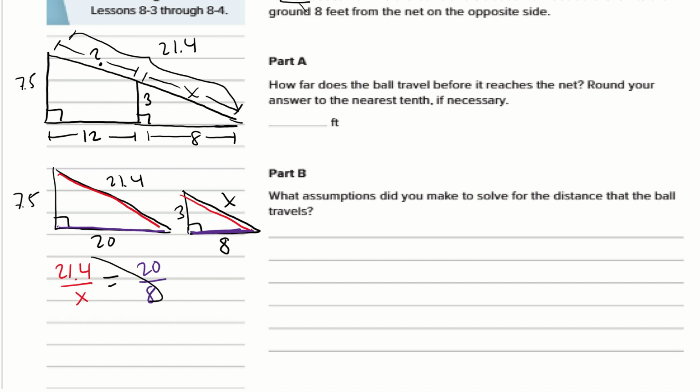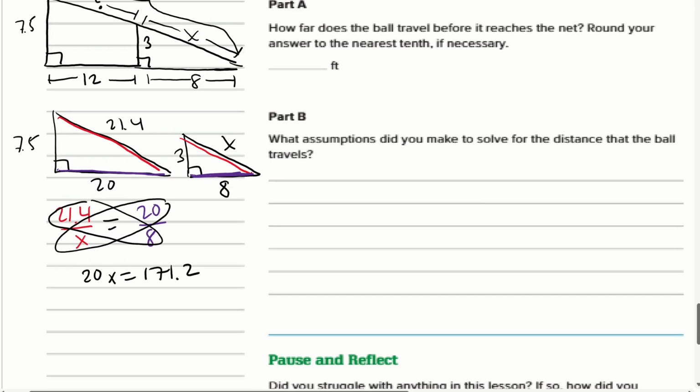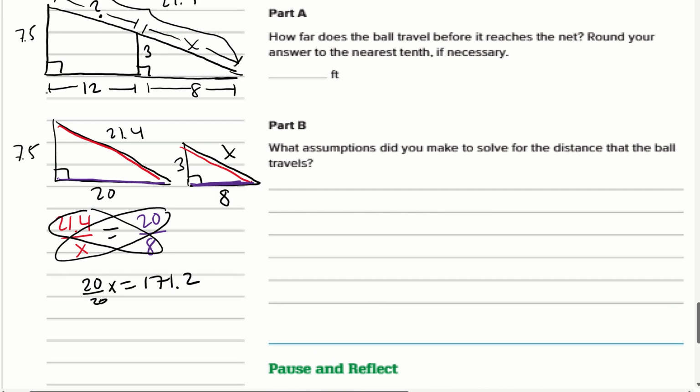Then we can cross multiply. So 21.4 times 8 is 171.2. So we get 20x is equal to 171.2. Divide by 20 on both sides. So we get 8.56.